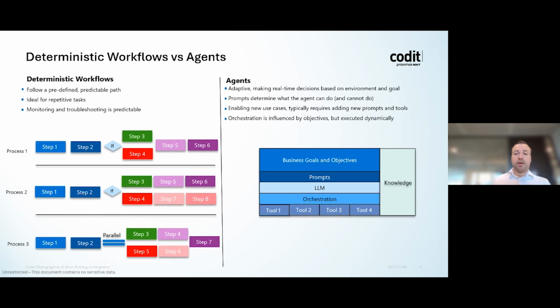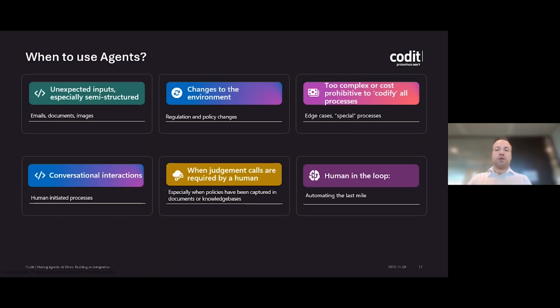Okay, so as I said, it's not a yes or no question on whether to use agents or a deterministic workflow. When should we be using agents? Well, there are situations where it makes sense, like when we are working with very unstructured inputs. Let's say that you are working with an order intake process that works through email.